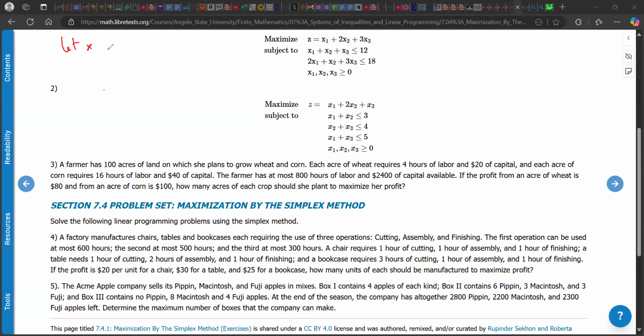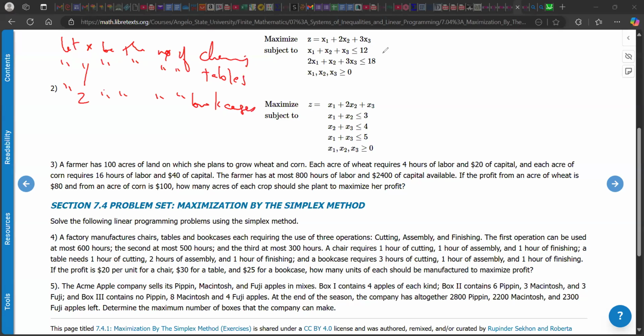Let X be the number of chairs, right? Let Y be the number of tables. And let Z be the number of bookcases, right?